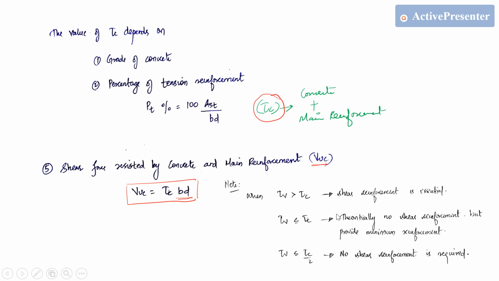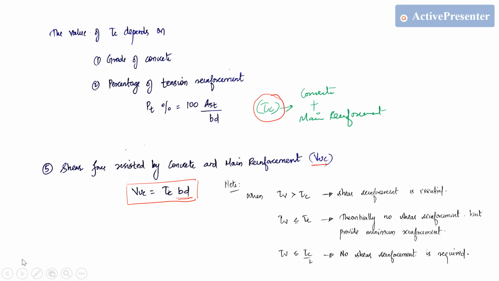I'll tell you what is the reason for that. We need to provide a minimum reinforcement. And in case tau v is very much less, that is where tau v is less than or equal to tau c by 2, then there is no need of providing shear reinforcement. And these will be structures of lesser importance. Okay, that is, when the shear stress is very much less than tau c by 2, there is no need of providing shear reinforcement.